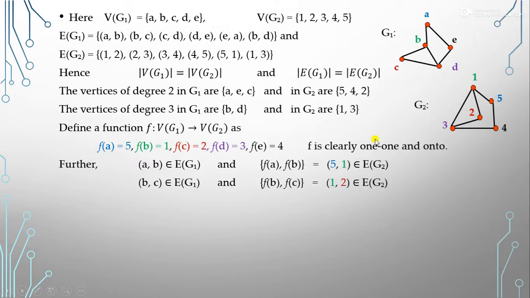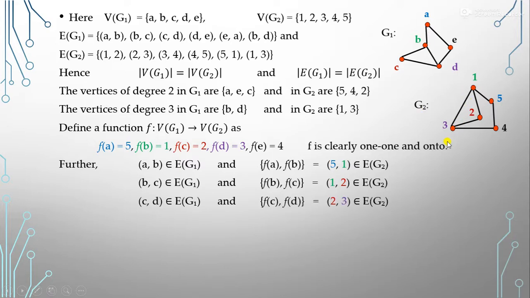Next, we check for the other edge BC. So BC is an edge of G1, and the mapping of BC, that is f(B) f(C), is 1 2. So you can see, is 1 2 an edge in this G2? Yes, 1 2 is an edge of G2.